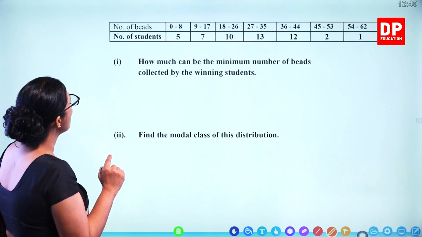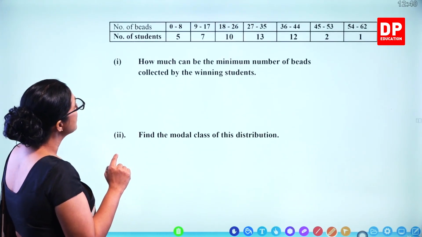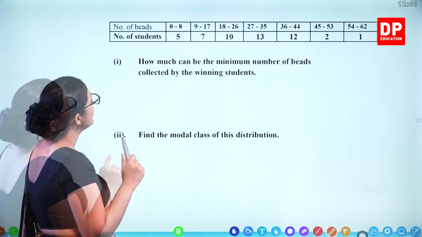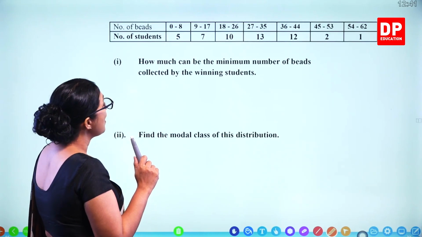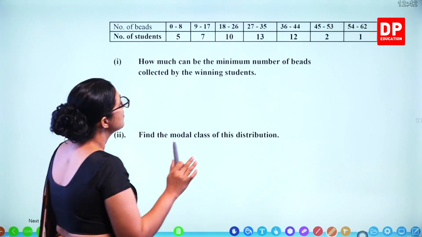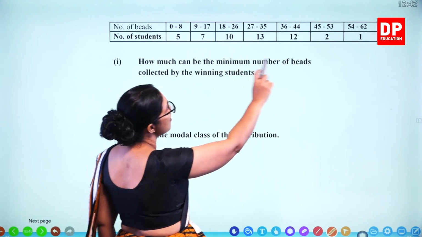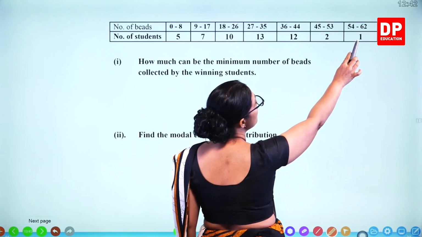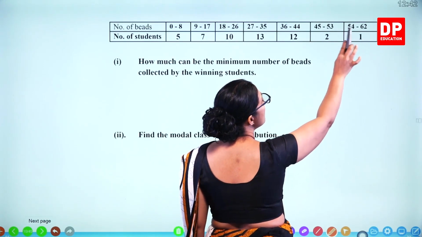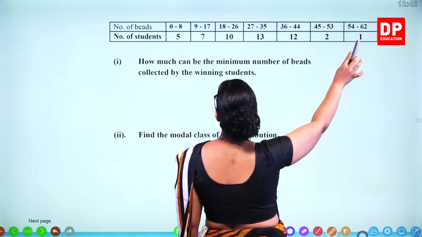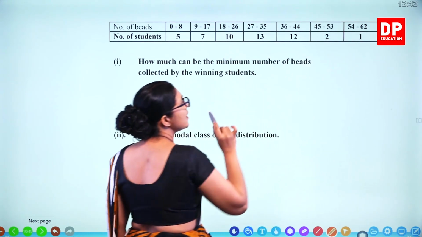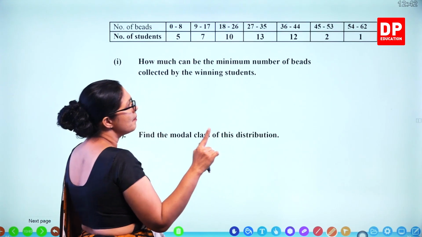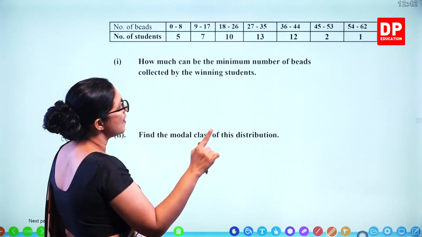What's the minimum number of beads collected by the winning students? Now see the last class, there's only one student there, so this is the winning student. The maximum is 62 or less than that.